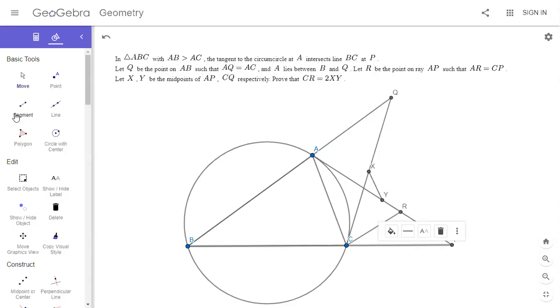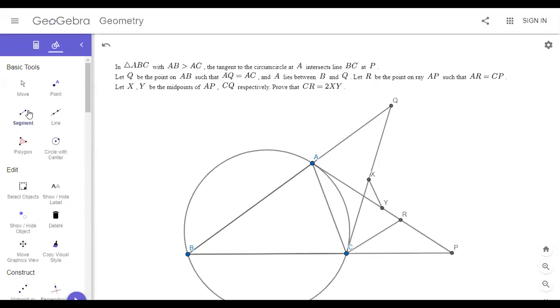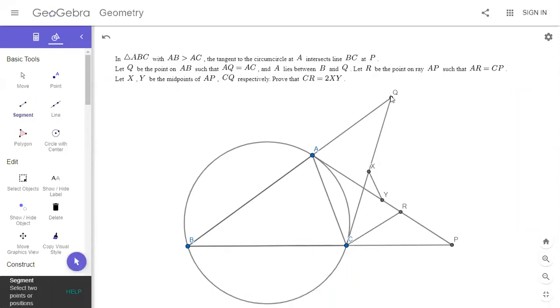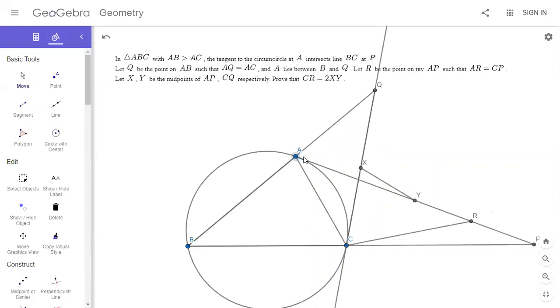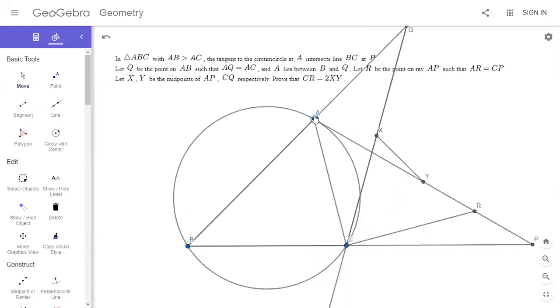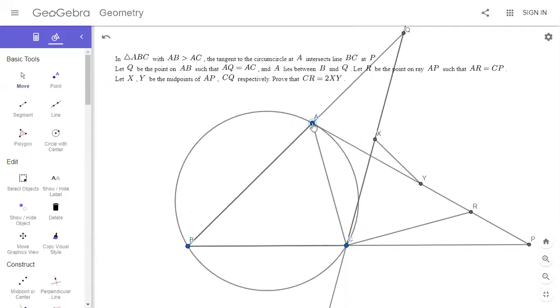Let me check the chat. Concurrent triangles. Is QC tangent to the circumcircle? It kind of looks tangent, although that would be, let's see, maybe it is. No, QC is not tangent.